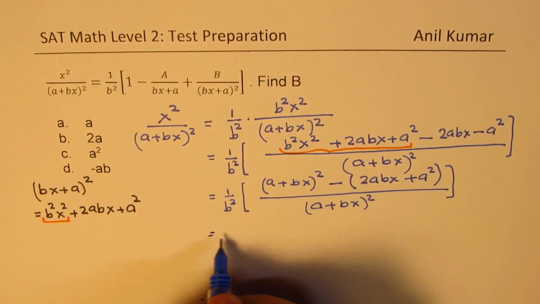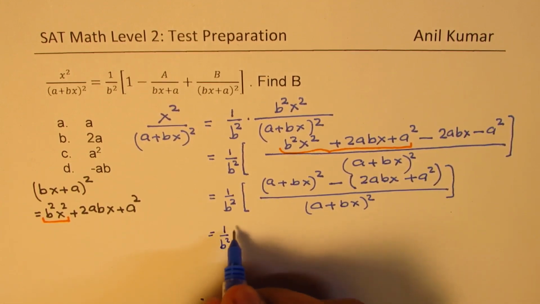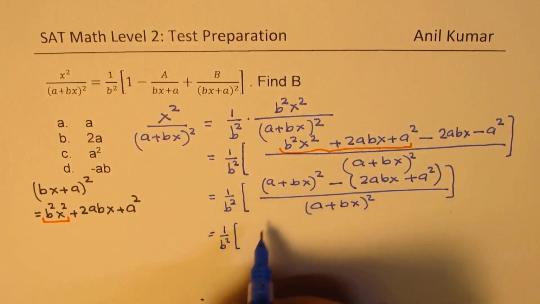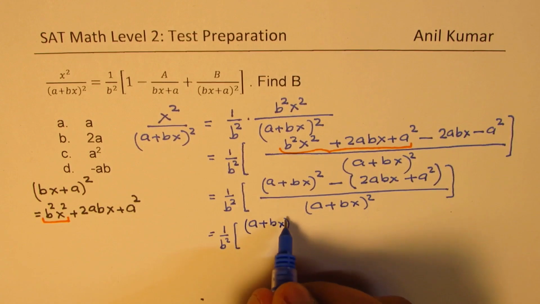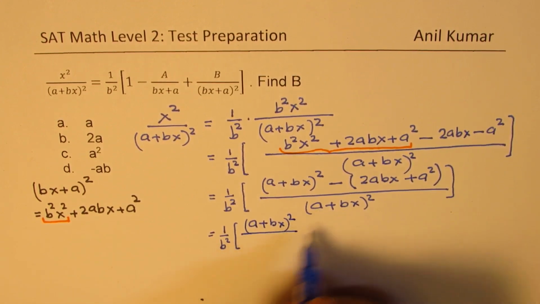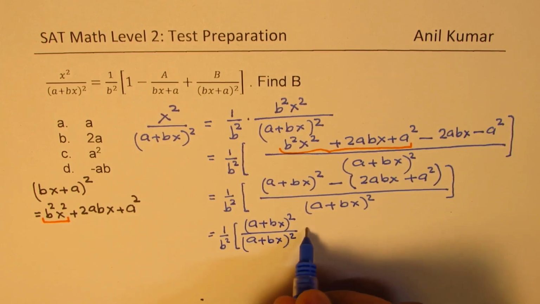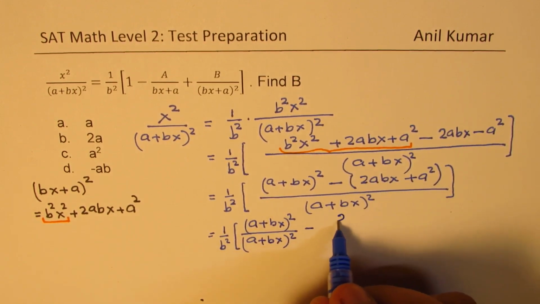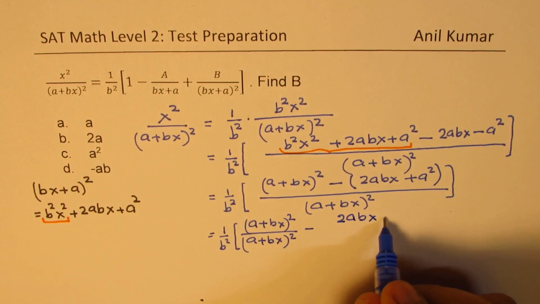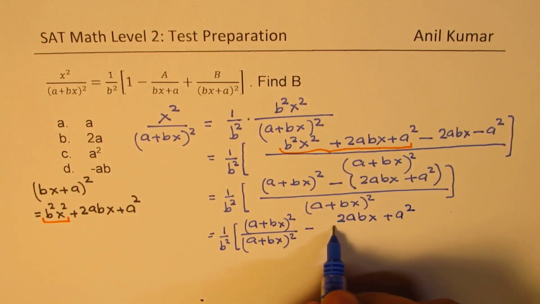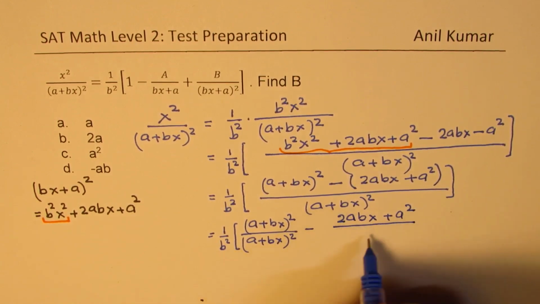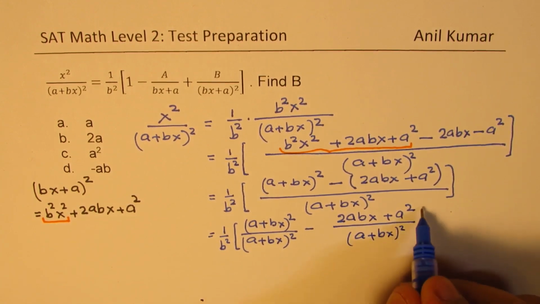So what we get here is 1 over b square, and let me rewrite a plus bx whole square over a plus bx whole square minus. So now we are left with 2abx plus a square divided by a plus bx whole square. Clear?